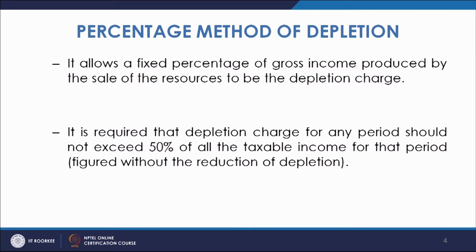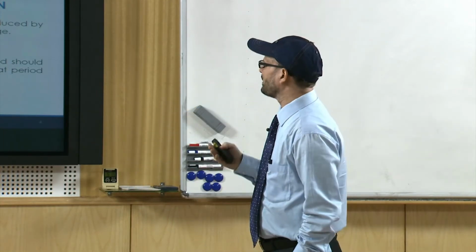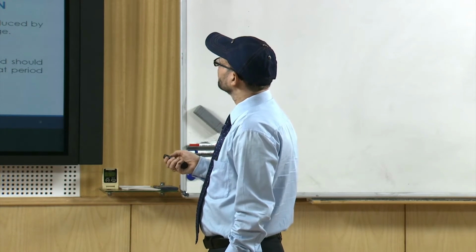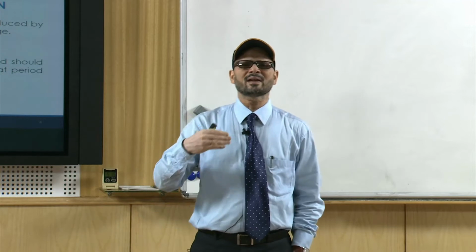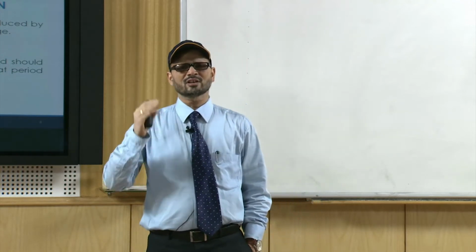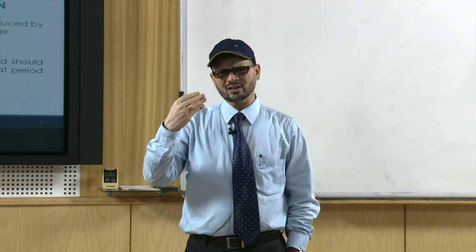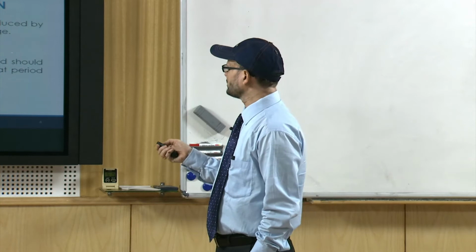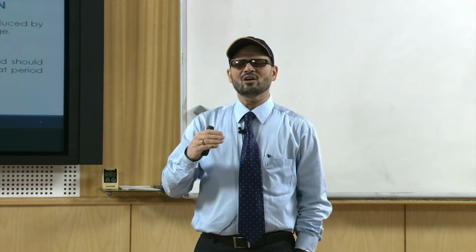So this is the cap: the depletion charge which is demanded by the investor has not to exceed 50% of the taxable income. Taxable income will be calculated based on the gross income and also any expenditure which the investor incurs regarding the operation in that particular area, like mining or reservoir.